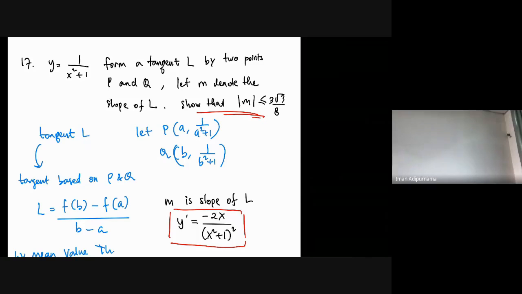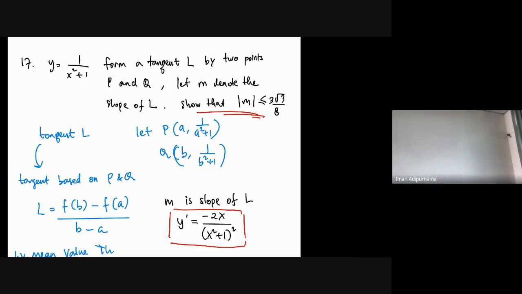Remember that if this is your tangent line, okay, this gradient, or slope, is f(b) minus f(a) over b minus a. Or you can say this is the average rate of change.